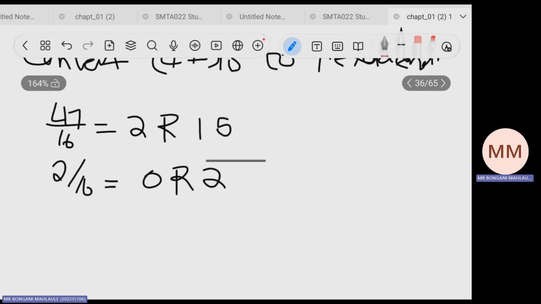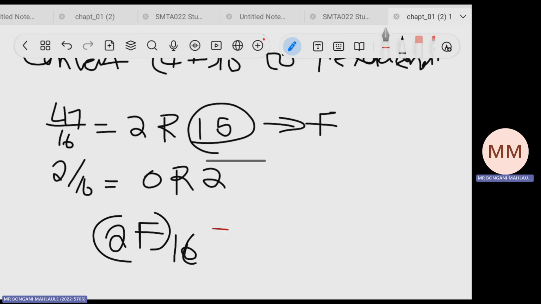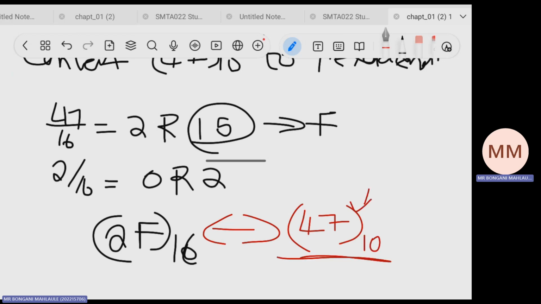And from your table, 15 is equal to F, which is what you must know. So now this will become 2F base 16. So I managed to convert 47 base 10 from decimal to hexadecimal.